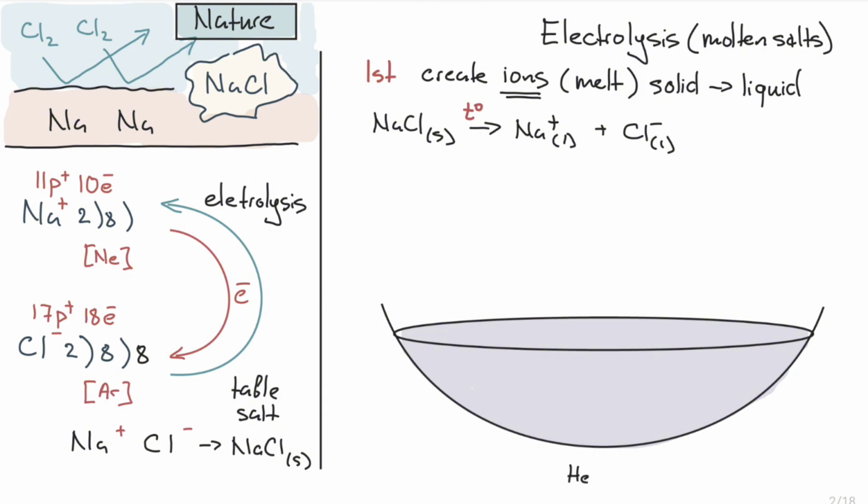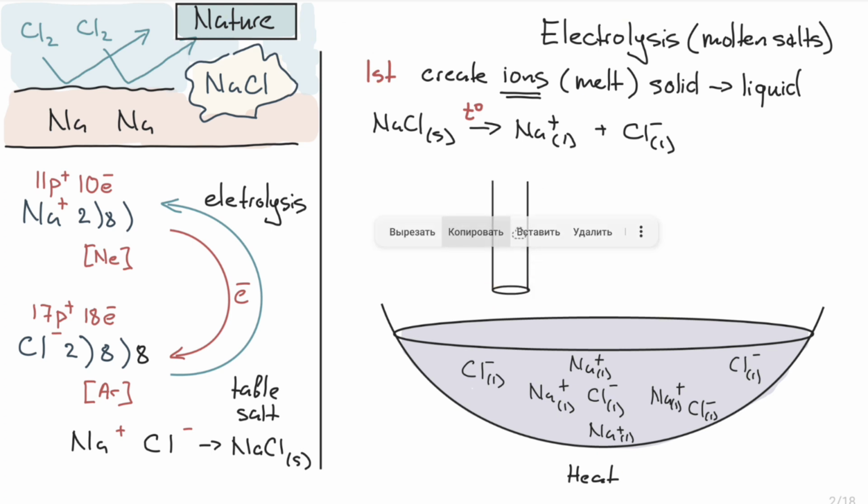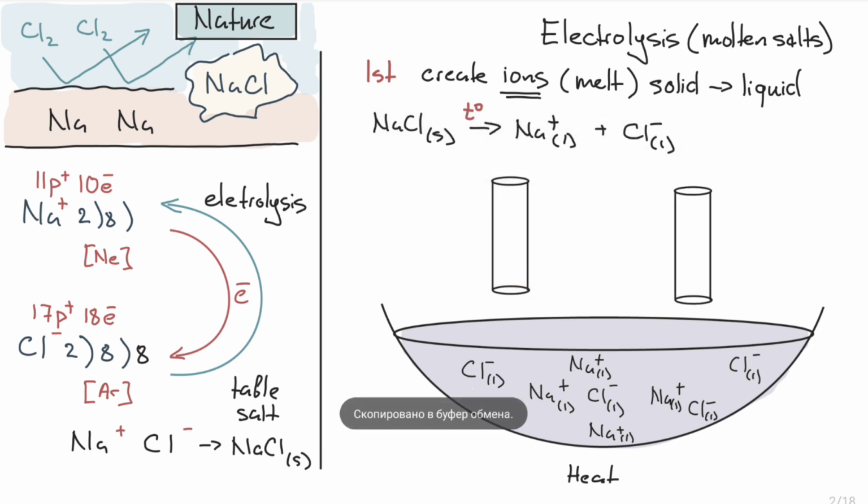So first, we heat up the salt until it turns into a liquid in our trusty crucible. And here is where the fun begins. We need a pair of electrodes, but not just any electrodes.